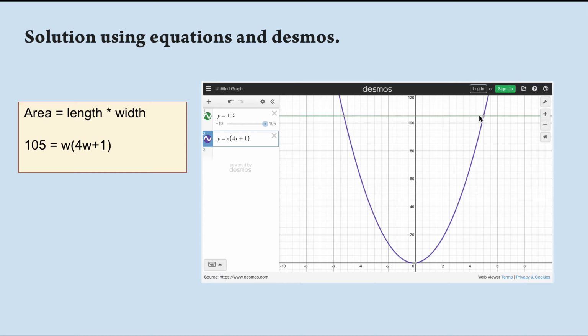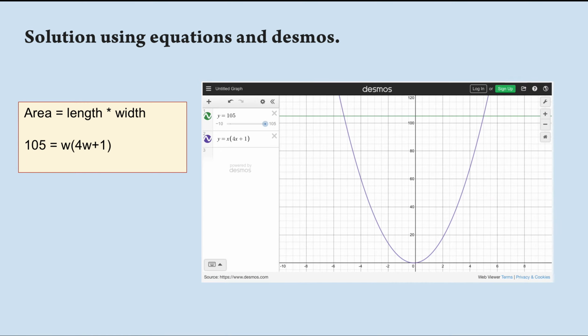And if I come up here to where the two graphs intersect and I click, trying to click around there, where did it go? Lost my cursor. Gotta pop it back. There we go. If I try to click on my Desmos graph right exactly at that point of intersection, a little dot will pop up for me with an ordered pair, and it reads 5, 105 in ordered pair form.